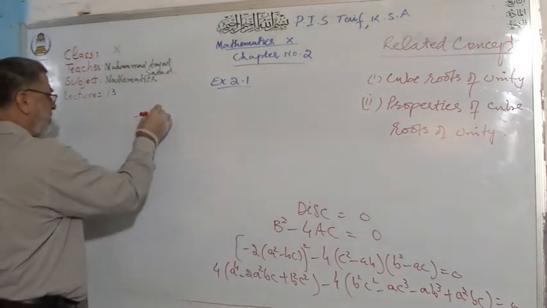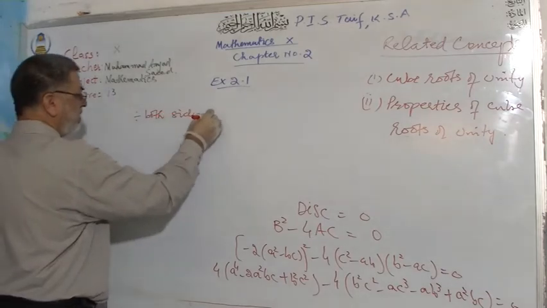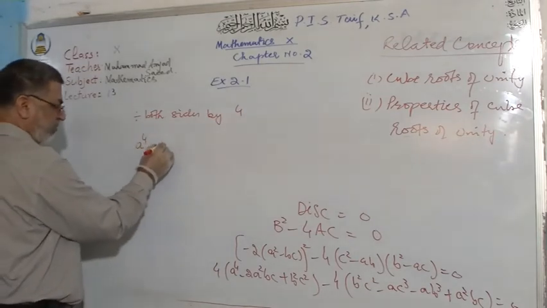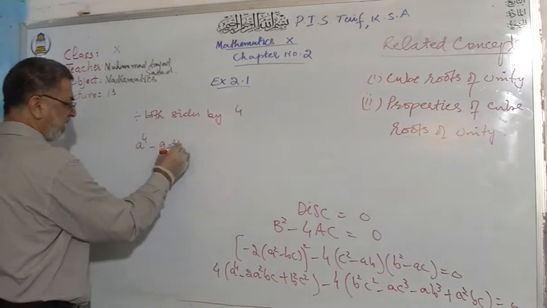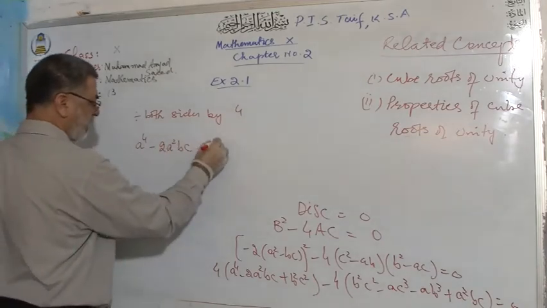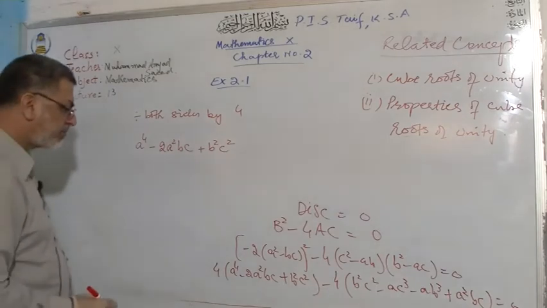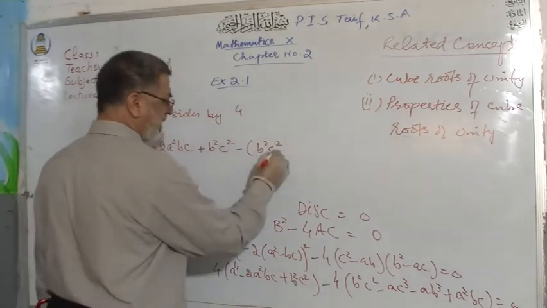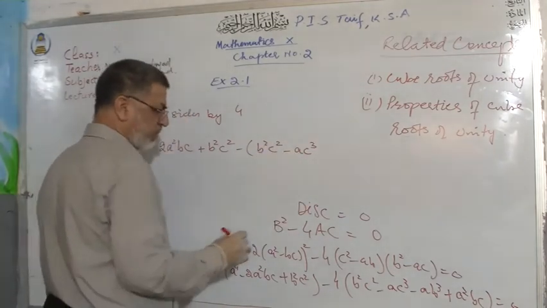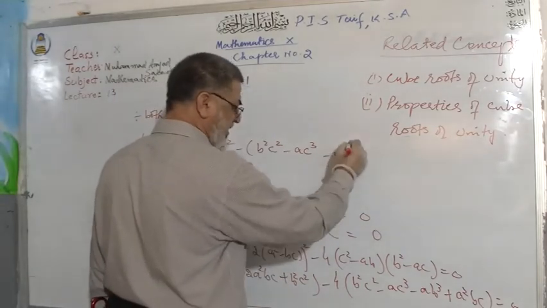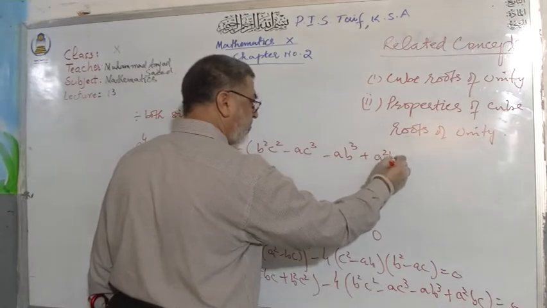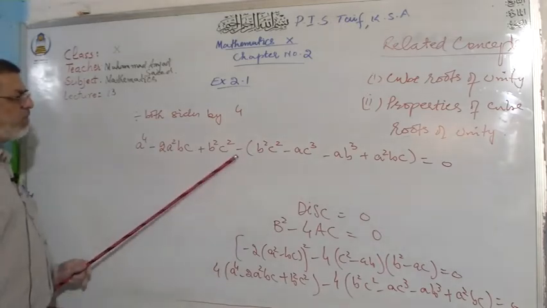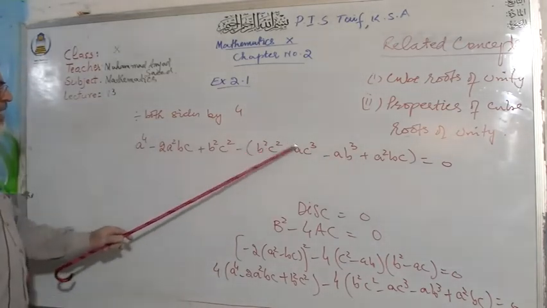Dividing both sides by 4, we are left with a4 minus 2a square bc plus b square c square minus b square c square minus a cube minus ac cube minus ab cube plus a square bc, that is equal to 0. After that we will open up this bracket and there will be a change of sign inside.